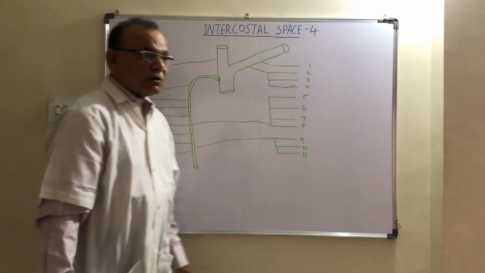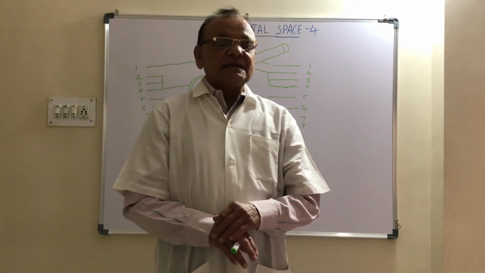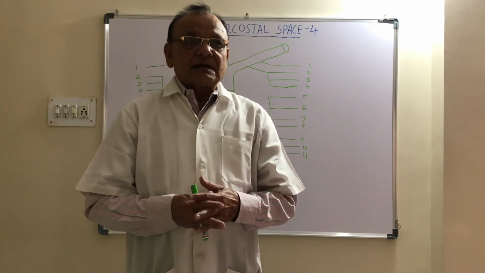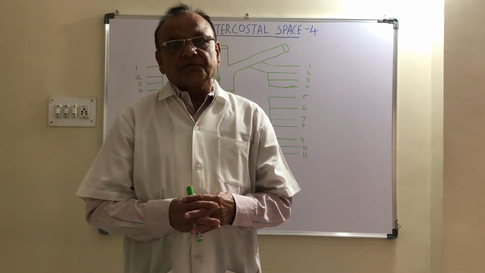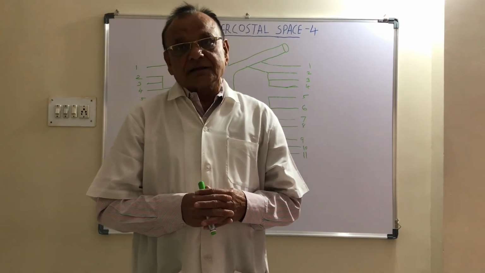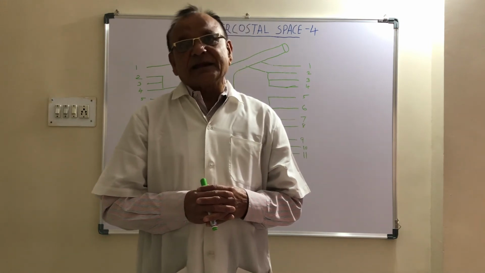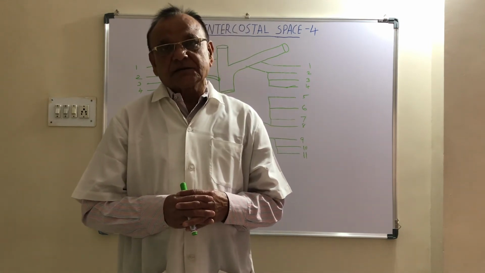Now we come to the anterior intercostal vein. You know that each intercostal space contains two anterior intercostal arteries. These anterior intercostal arteries are present only in the anterior part of the intercostal space.